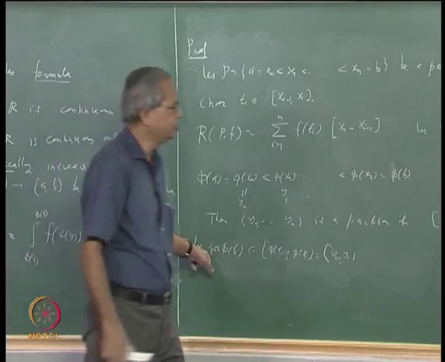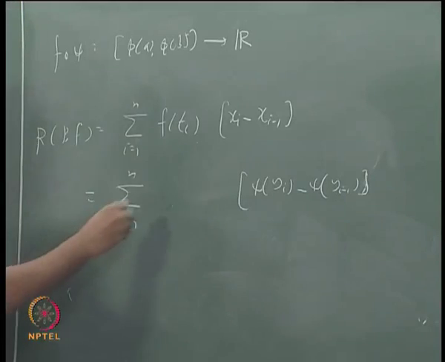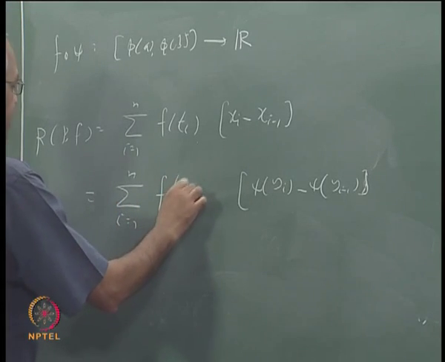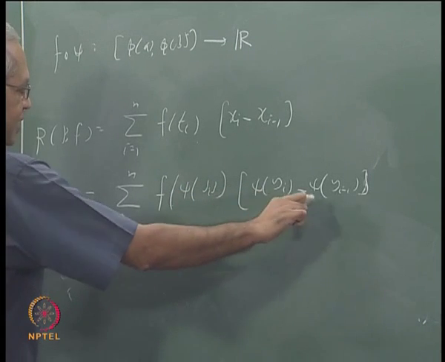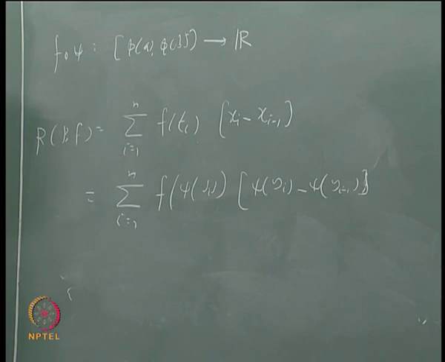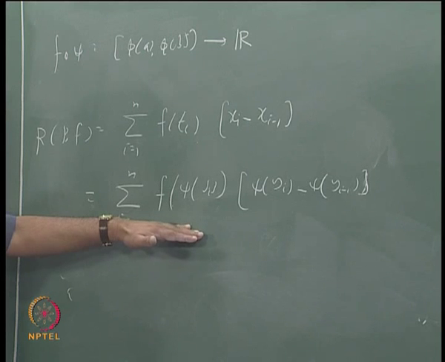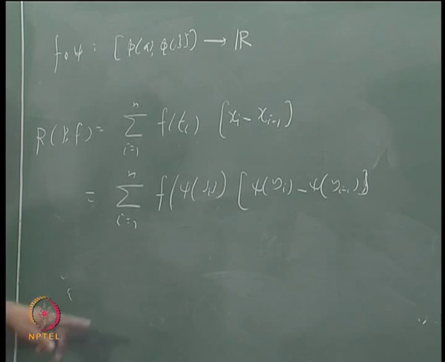So if I use this notation, this becomes f at psi(s_i) multiplied by psi(y_i) minus psi(y_{i-1}). Now what can you say about this sum? It is nothing but a Riemann-Stieltjes sum.